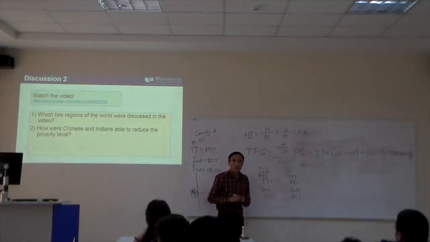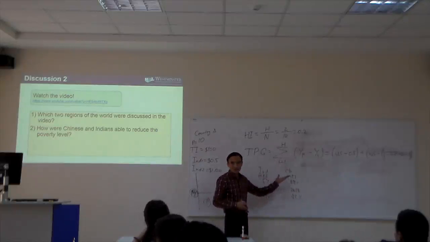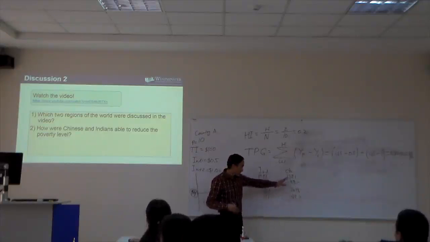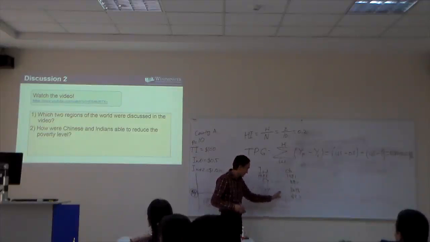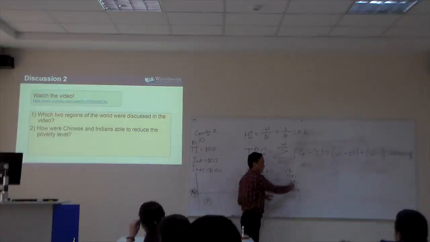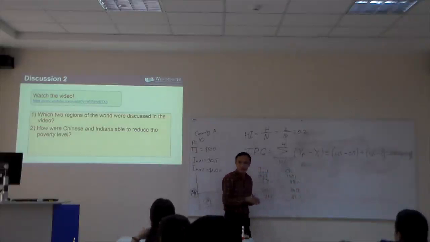So here, we are talking about these 2 big countries with the biggest number of population. A 1% change means something very big. Now you can see this incredible reduction in both countries, especially in the case of China. In 1981, it was 88%, right?